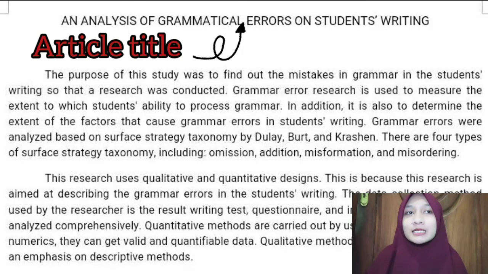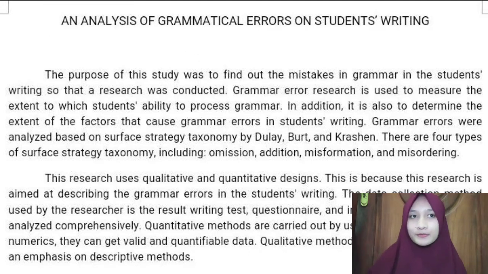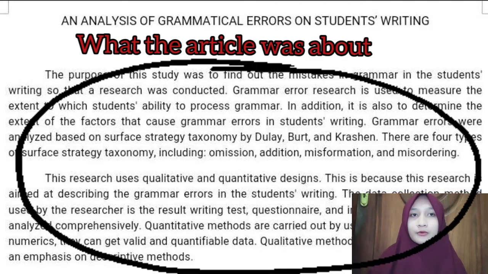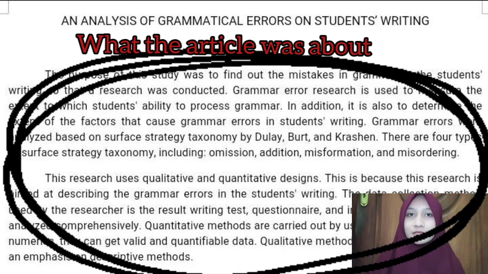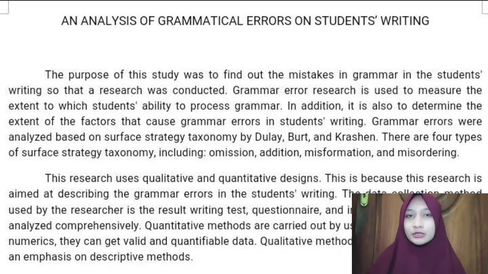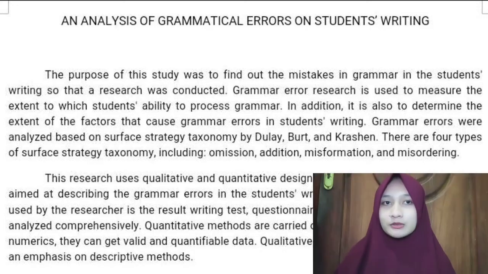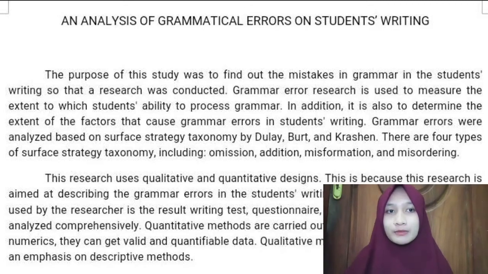And this is the summary, An Analysis of Grammatical Error on Student Writing. The purpose of the study was to find out the mistakes in grammar in the student writing, so the research was conducted. Grammar error research is used to measure the extent of student ability to process grammar.